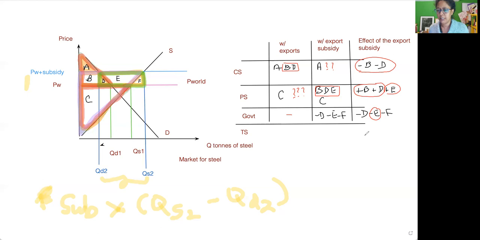So what we expect to see is a loss of D and a loss of F. And let's go over here and highlight again, how are we figuring out the total surplus? We want to have multiple strategies to check our answer. What we want is to look at the value of the product to society, the making and selling of this product or the consumption of this product, net of the cost, over and beyond the cost.